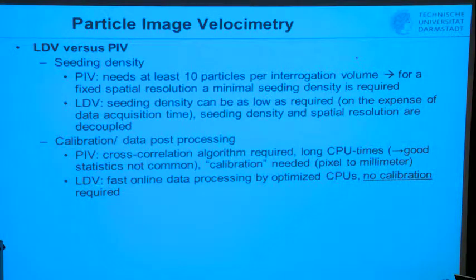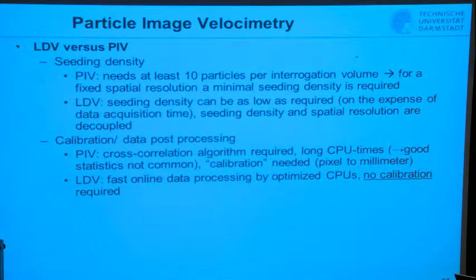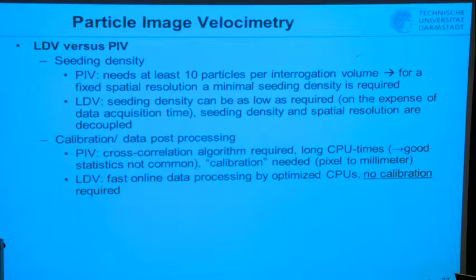In LDV, if you buy a good instrument, it should be ready to be used, and you do not need any calibration as a user, because the size of the probe volume, for example, as well as the angle between the two beams is well defined, so that all these parameters are not freely chosen. They are fixed by the design of this instrument.